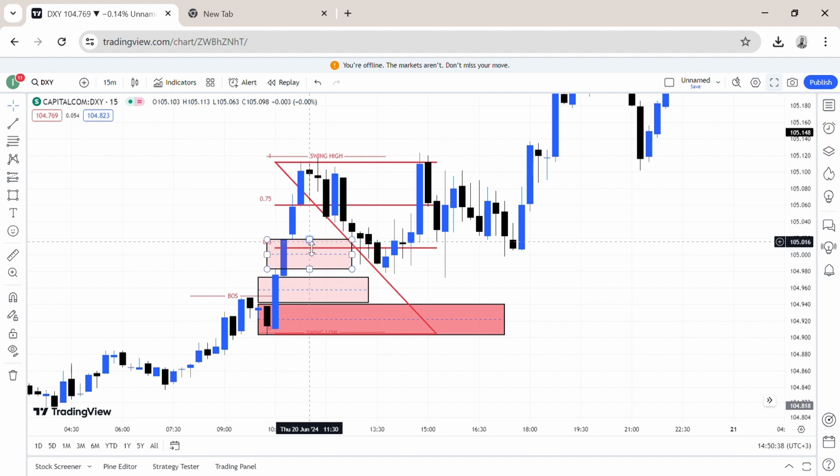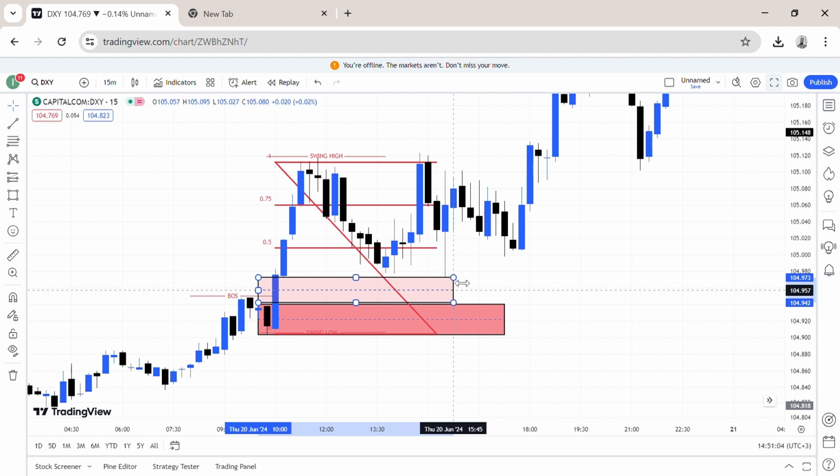So it's kind of confusing a little bit, but if it is confusing, you go for the fair value gap where the whole of it is at the discount. So I would ignore that one again, because part of it is premium, part of it is discount. Which will I choose? This one right here.